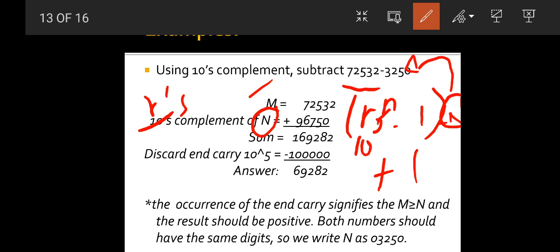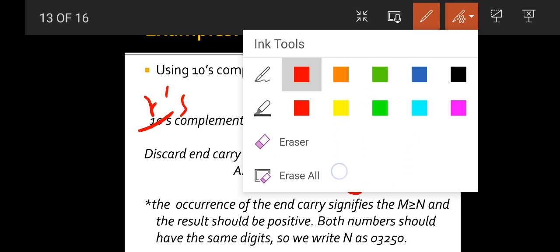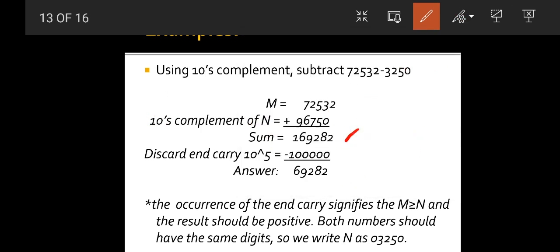Then you will add 1, so the result will be 96,750. So if you add your m and your r's complement of n, the result will be 169,282. So you have your result already.